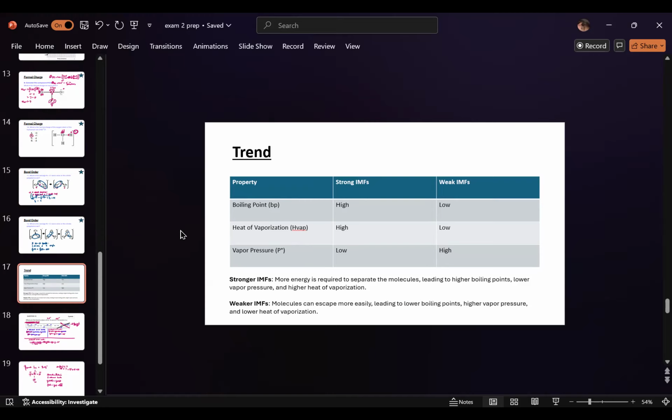The stronger your intermolecular forces, the more energy it will take to separate those molecules. So the boiling point should be high, the heat of vaporization should be high, and vapor pressure should be low. And the opposite for lower intermolecular forces, because molecules are a lot easier to get rid of or break, they escape a lot easier.